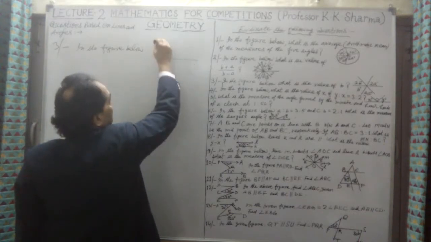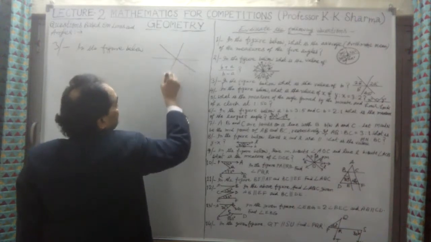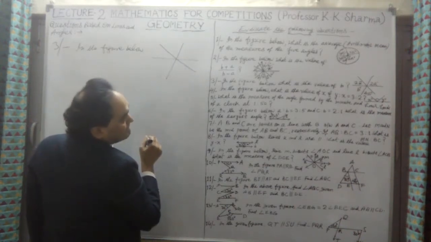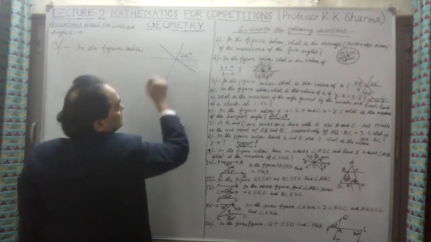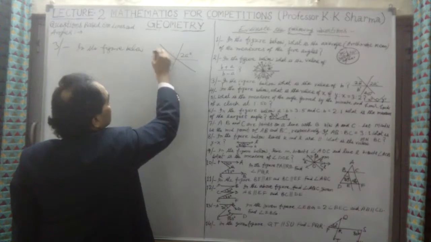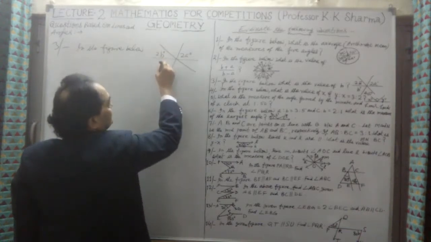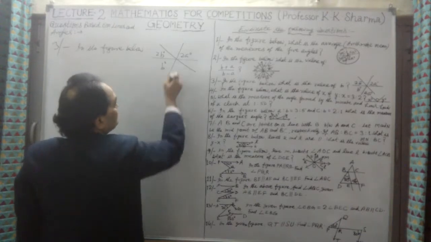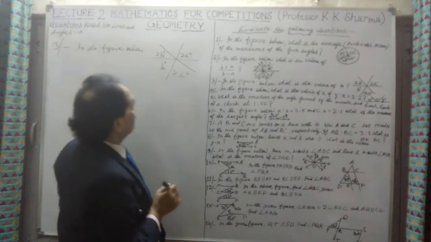One line, second line only. And this is twice a degree, and this is twice b degree, and this is b degree. This is 4a degree.